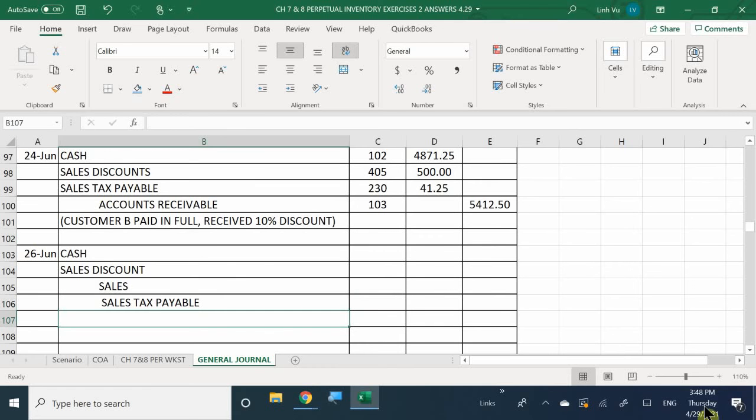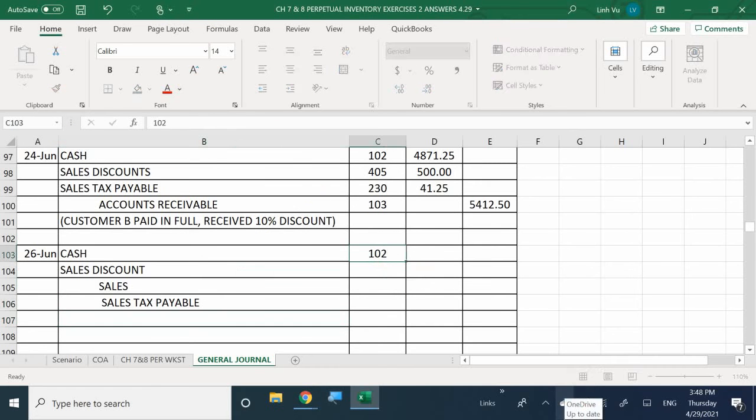So here's sales tax payable. Once again, cash is account 102. Sales discount is 405, sales is 401, and sales tax is 230. So now let's figure out what was the total amount of sales that I've incurred. I sold a total of 650 mugs at $10. So how much was my total sales?